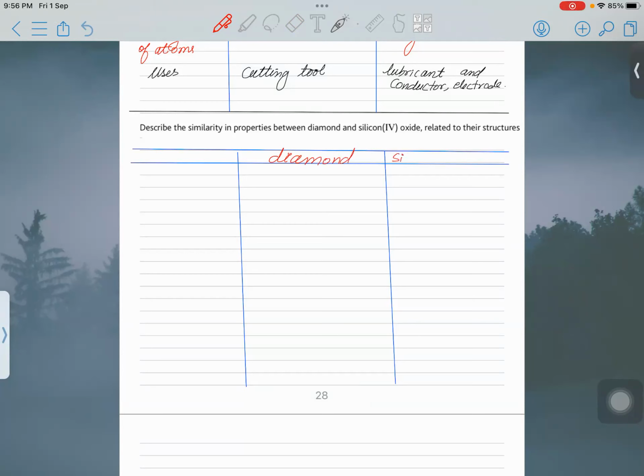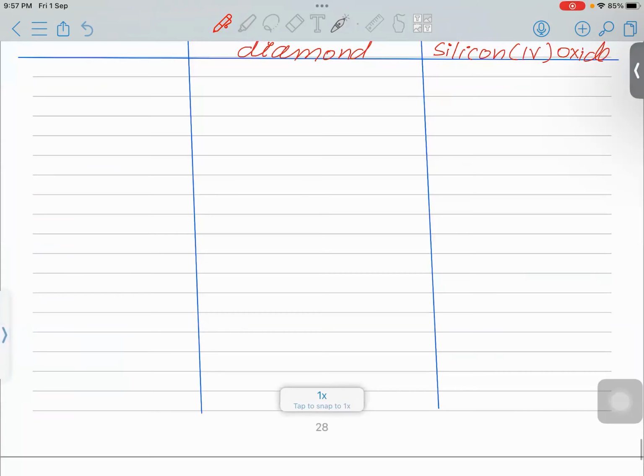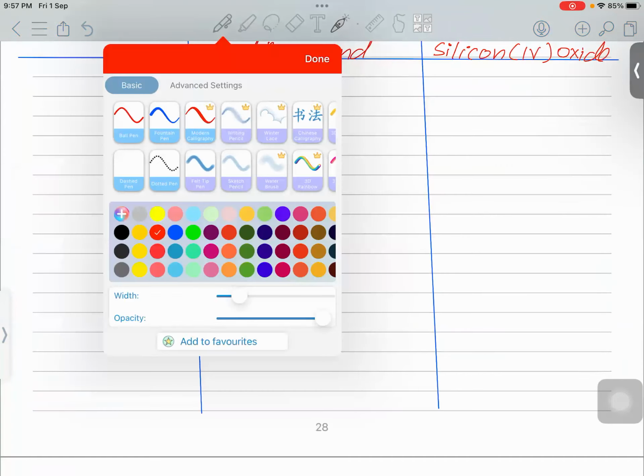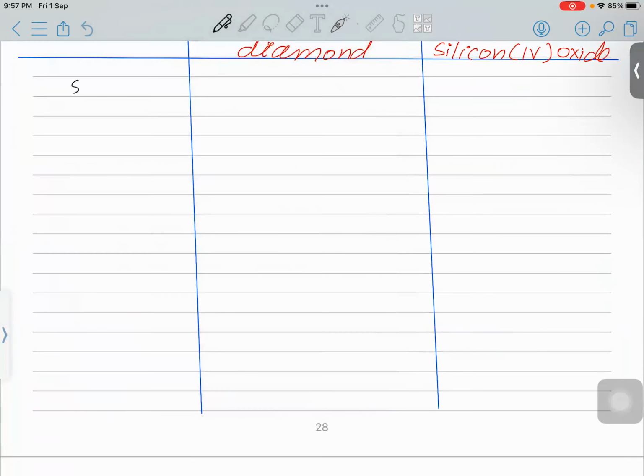Here we have silicon 4 oxide. Now the first point is structure.